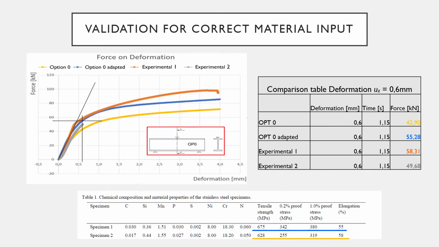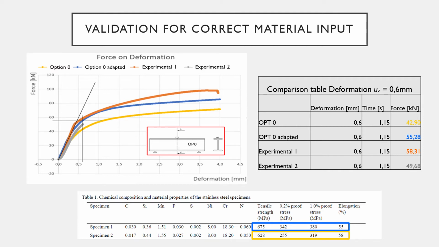Here you can see a validation for a correct material input. On the left you see the graph for the force on deformation. And in this graph you can see the curve for option 0, which corresponds with experimental curve 2, and option 0 adapted, which corresponds with experimental curve 1. In the table below you can see the characteristics for specimen 1 and 2, and the colors blue and yellow, orange and gray correspond with the correct curve.